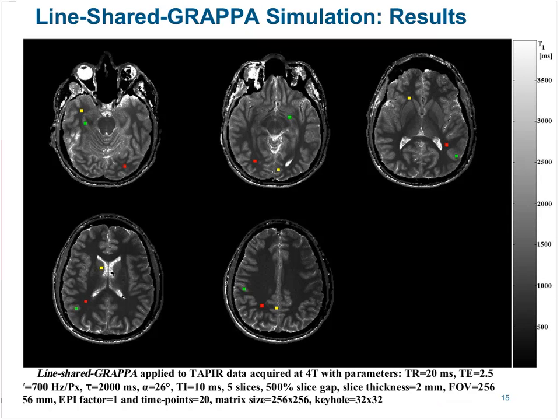And here are the results when line sharing and GRAPPA both are applied for rapid acquisition, and the acquisition parameters are the same.